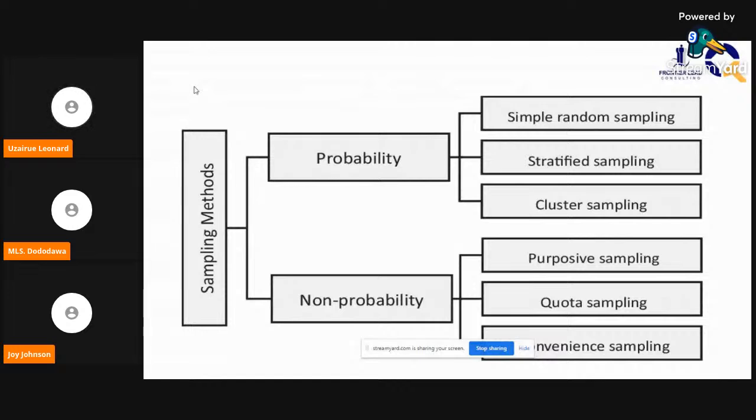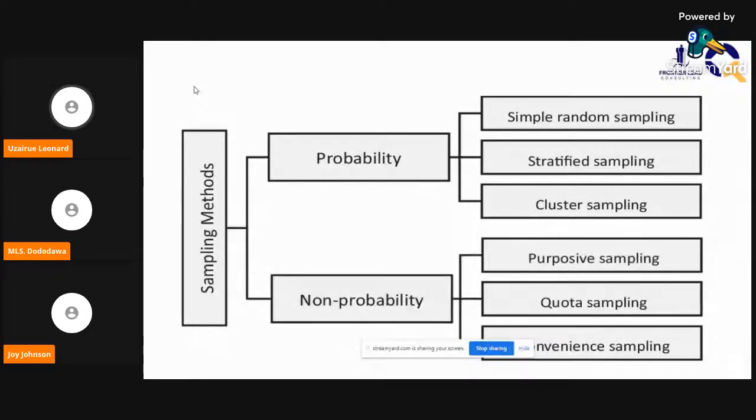From the word probability, from our elementary mathematics, it means the chance of something occurring or not occurring. So when we say probability sampling, we are simply saying that the opportunity for every member of that population to be selected is there.